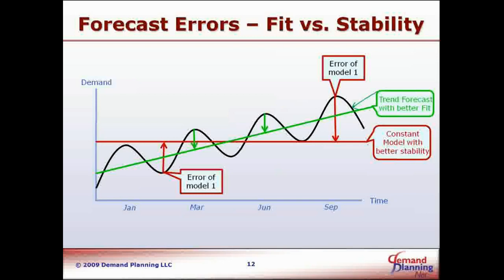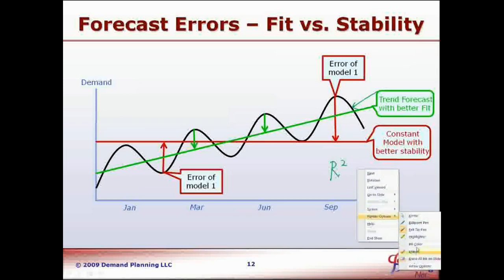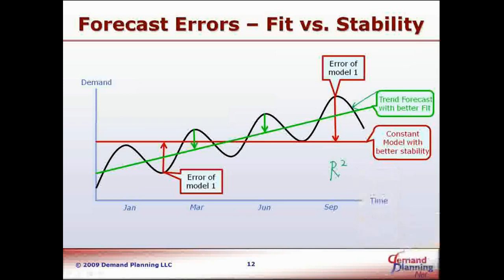What does it capture? It's an average of all the data, right? So if you think about this, this is a stable model because it's a straight line model. The next period is going to be, again, a straight line. Maybe it's going to adjust a little bit up or down, but it's going to be very stable, right? But this is not a very efficient model, because it is a constant model with better stability.